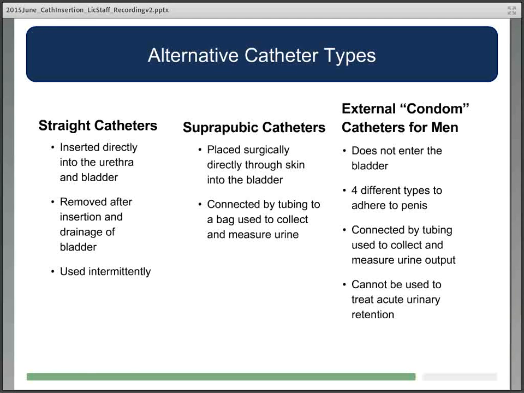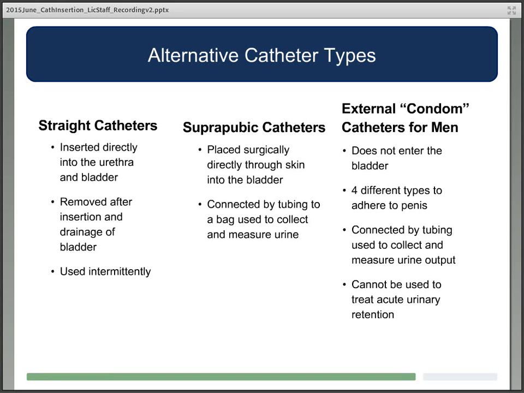In addition to an indwelling catheter, here are some alternatives to consider. These are good to keep in mind during resident assessments. Straight catheters are one-time use catheters and used for a number of reasons intermittently. A resident may not be completely emptying their bladder when voiding, or perhaps not able to void at all.